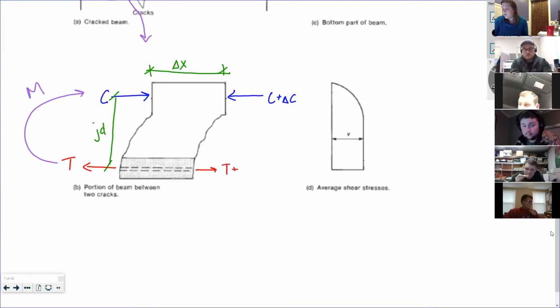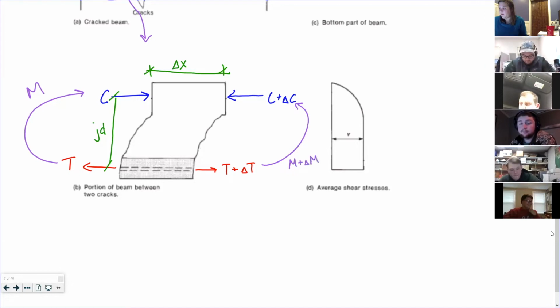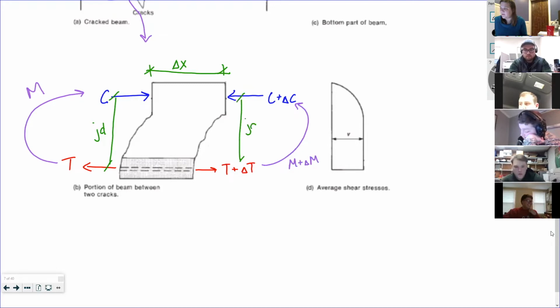Tension plus a little bit of change in tension, causing a moment and a change in moment. My moment changes along the length.